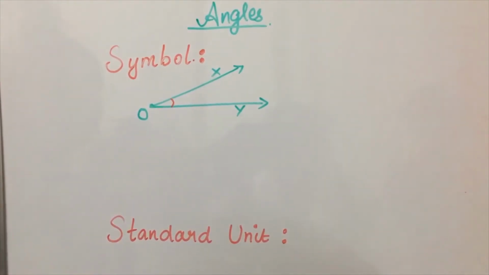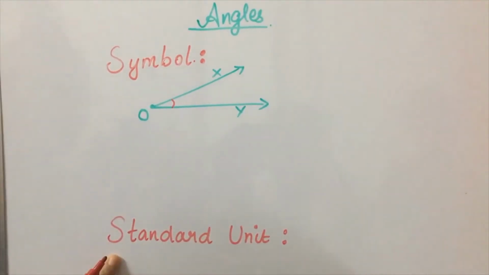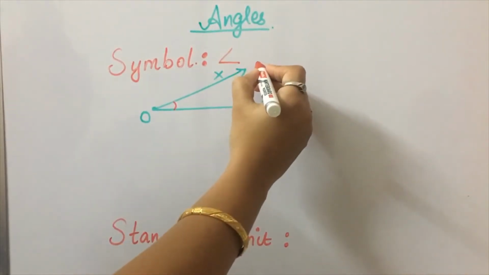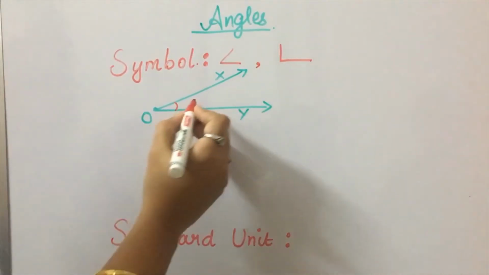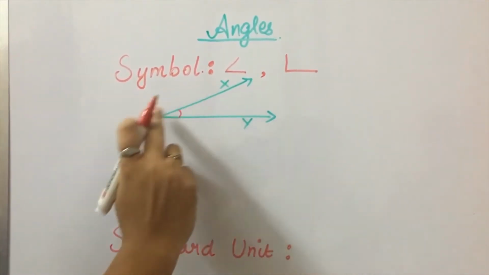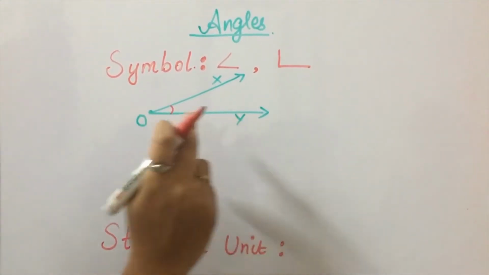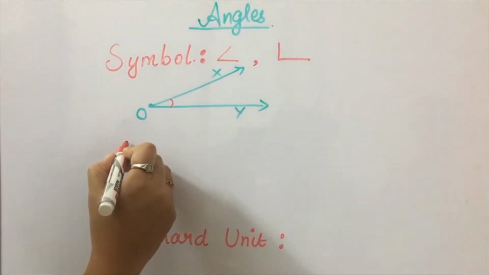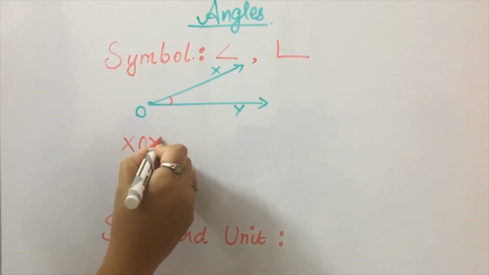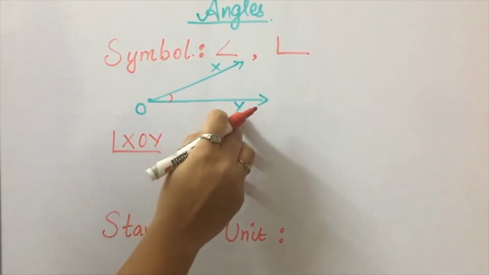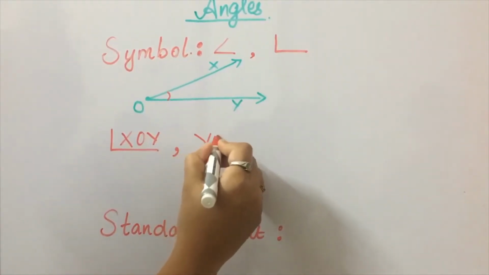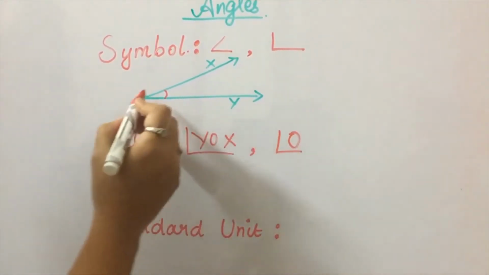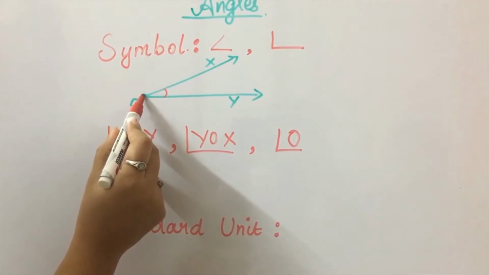Now we are going to learn about the symbol and the standard unit of angles. This is the symbol of angles. We can also write it as an L shape. Now I am going to mark the angle. I am going to express the angle. Here it is X, O, Y. We can represent it as X, O, Y or Y, O, X, or we can also represent it as angle O. We can also represent the angle with the vertex.